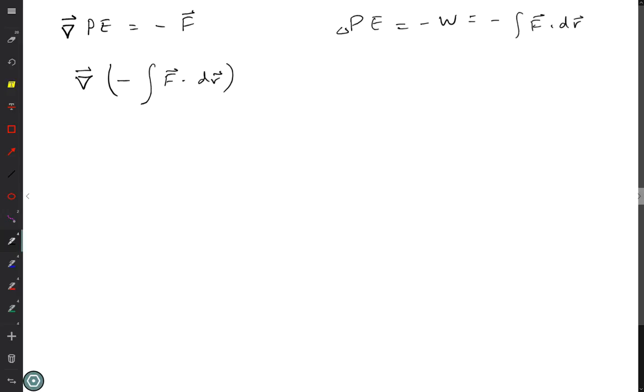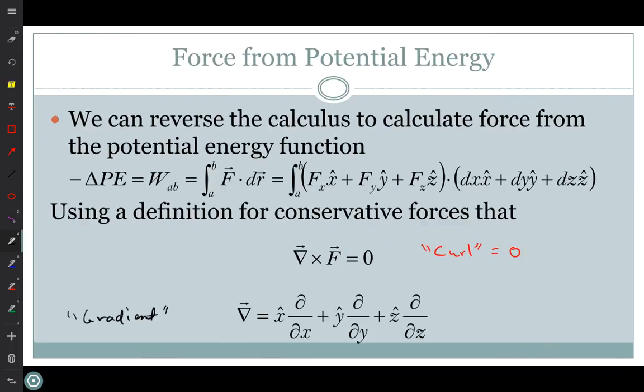So if I do the directional derivative here, I'm going to expand what F dot dr means. F is the force in the x direction, x hat, plus the force in the y direction, y hat, plus the force in the z direction, z hat. That's just breaking it into its components, and you've all learned how to do that with triangles and trigonometry. And then the dr is dx in the x direction, plus dy in the y direction, plus dz in the z direction. If I do the dot product between the two, what's going to happen?